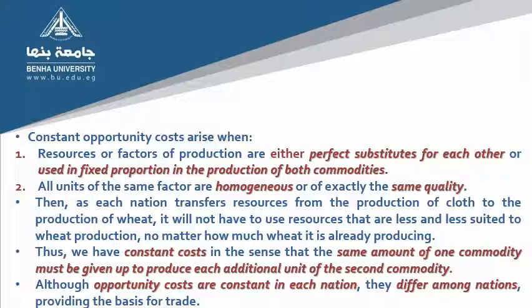Then, as each nation transfers resources from the production of cloth to the production of wheat, it will not have to use resources that are less and less suited to wheat production, no matter how much wheat it's already producing. The same is true for the production of more cloth. Thus, we have constant costs in the sense that the same amount of one commodity must be given up to produce each additional unit of the second commodity.